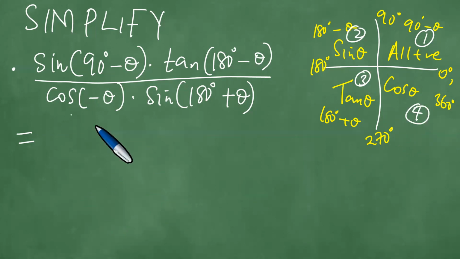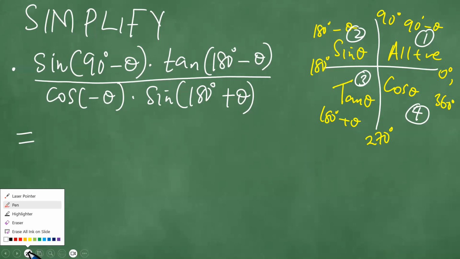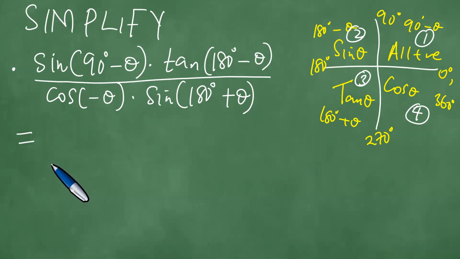Okay, let's look at these now. 90 minus theta is in the first quadrant, where all are positive. So sine is positive, but there is a co-function change at 90 degrees. So there's no co on the sine, put on a co, and it becomes cosine theta.